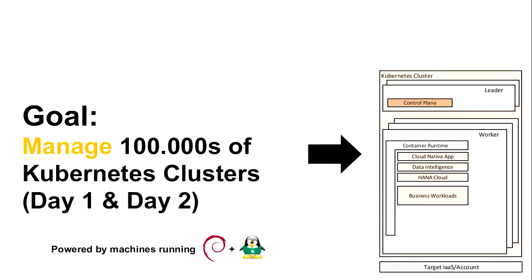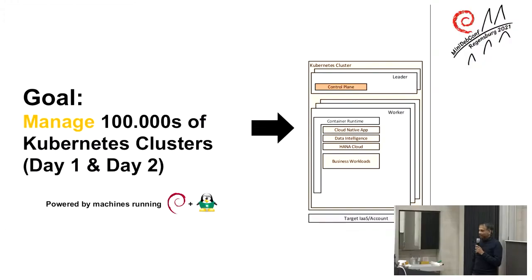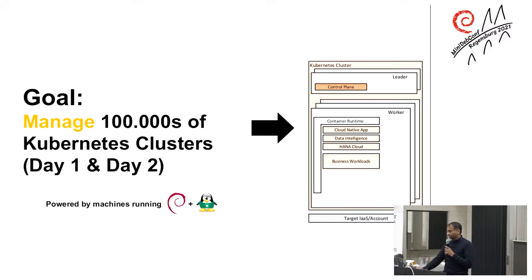Remember, with our enterprisiness, our goal is that we need to manage potentially 100,000s of Kubernetes clusters. You see that thing on the right-hand side here: something with the control plane, something with the worker plane, and we need to manage day 1, day 2, upgrades, downgrades, and so on. And we obviously need to control the stack, so that's why we're so interested in Debian as an operating system. That's where the Gardenlet talk came from.